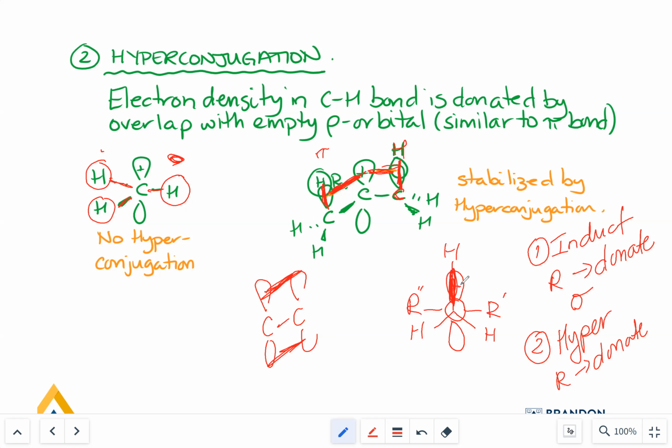One of the protons will line up parallel to that positive charge, and it will hyperconjugate. So it's a stabilizing interaction. The moral of the story is, the more R groups you've got, the more stable your carbocation is going to be. And if you had three different R groups here, you could draw three different Newman projections if you wanted to, showing this sort of hyperconjugation.